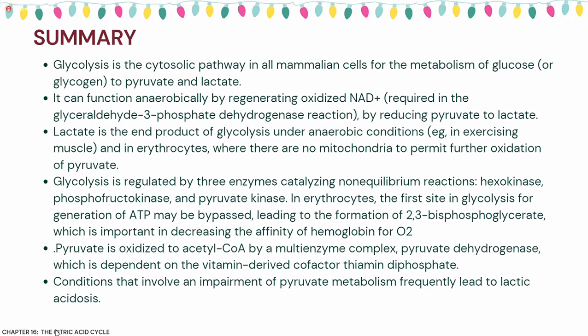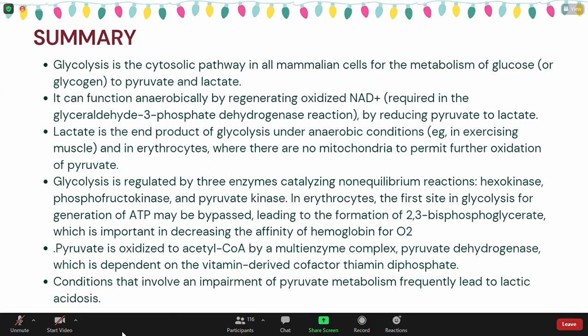Pyruvate is oxidized to acetyl-CoA by a multi-enzyme complex known as the pyruvate dehydrogenase, which is dependent on the vitamin-derived cofactor thiamine diphosphate. Conditions that involve an impairment of pyruvate metabolism frequently lead to lactic acidosis.